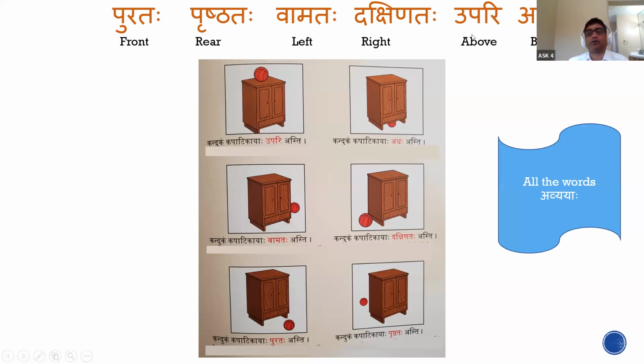Upari. Upari also, I believe you may be familiar. Sarvopari Satyam Vadaniyam. Sada Satyam Vadaniyam. Sarvopari, above all. Sarvopari Vriddha Jananam Sahayam Karaniyam.